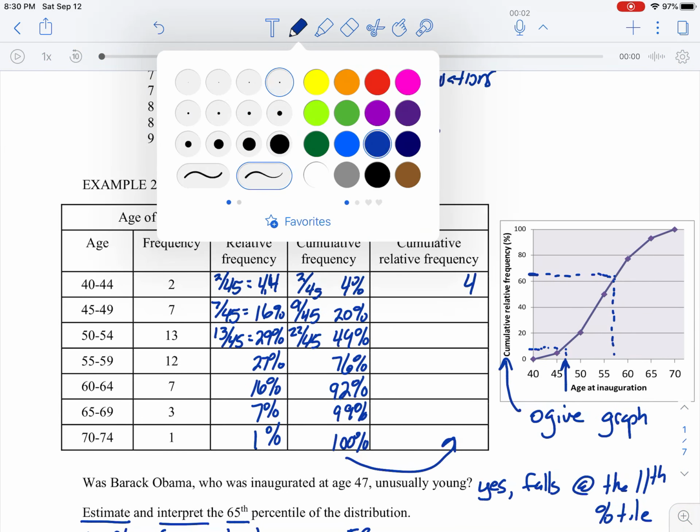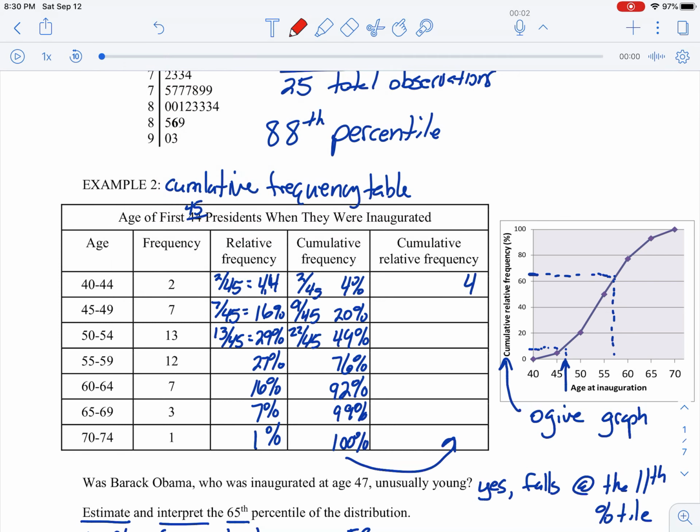Now, I want to real fast talk about something, because I've seen this happen on a quiz and other places. I'll ask you to find the median presidential age. Well, where does the median fall?